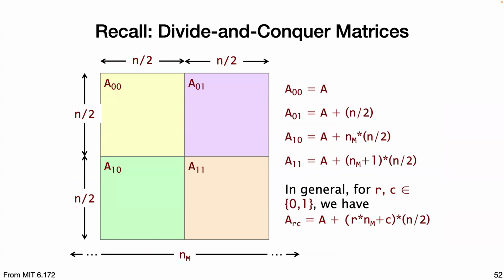And so we have these 4 quadrants, 00, 01, 10, 11, and each of them has dimension n/2 by n/2. You can get the starting point as follows: if your pointer here is a, then this is a plus n/2, this is a plus n/2 rows times n, and this is that thing plus n/2.